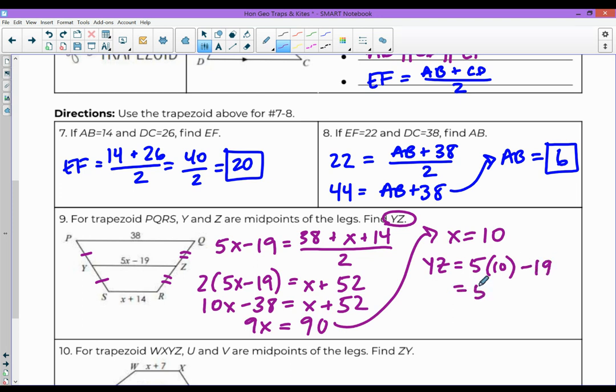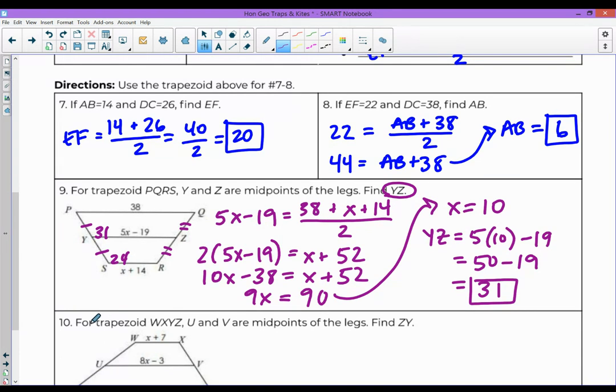So that's 50 minus 19, which is 31. So if this is 31, that's 7 away, so another 7 away from 31, 24. That makes sense because 10 plus 14 is 24. We love logic. We love when it just works out.